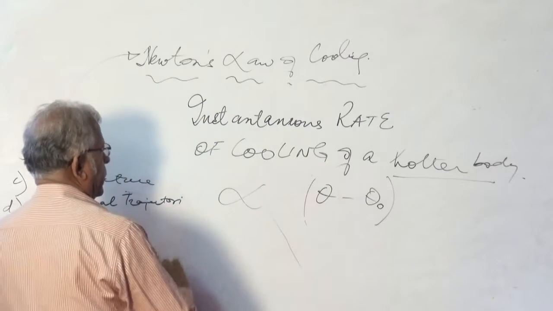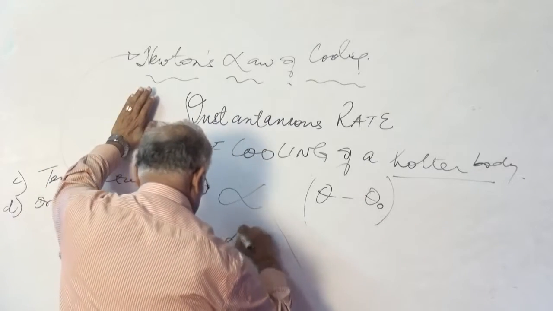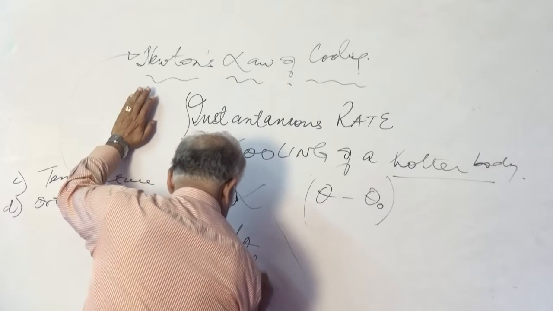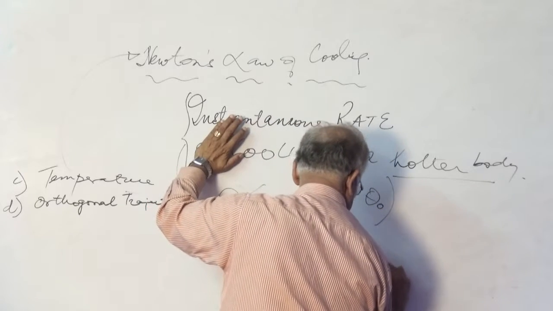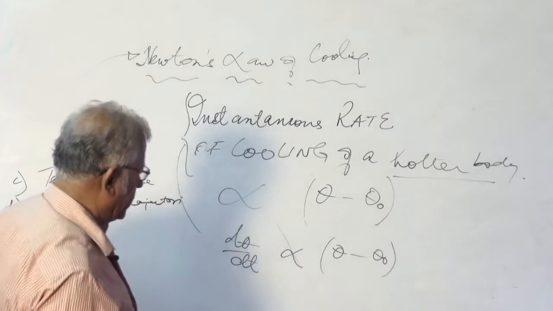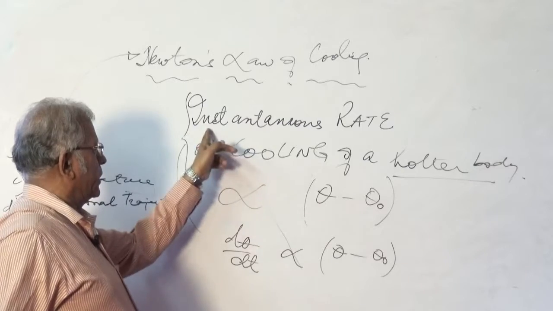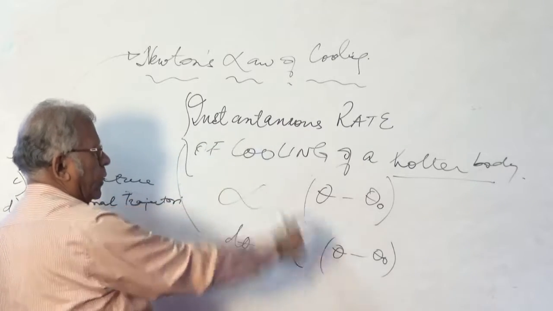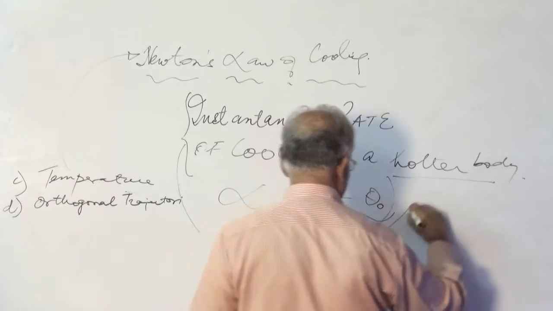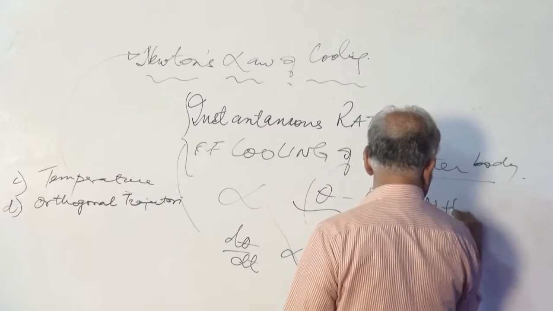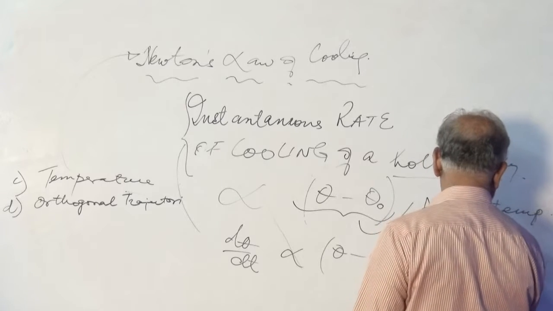So we will write this in terms of mathematical symbols, and this is nothing but d theta dt is proportional to theta minus theta naught. That is it. That is the problem formulated as per the physical law stated by Newton. That is, the instantaneous rate of cooling is proportional to the difference in temperature between the hot and cold body.